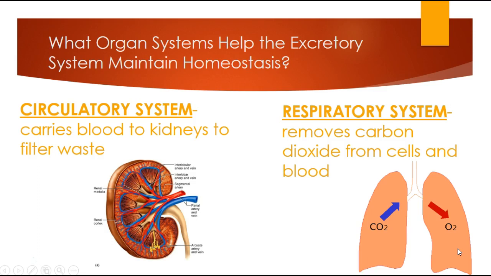So the bloodstream takes all of that carbon dioxide waste from cellular respiration and it carries it off to the lungs. Instead of taking it to the kidneys, it takes it to the lungs, where it leaves the bloodstream into the air sacs in the lungs, and then the lungs exhale that carbon dioxide waste.